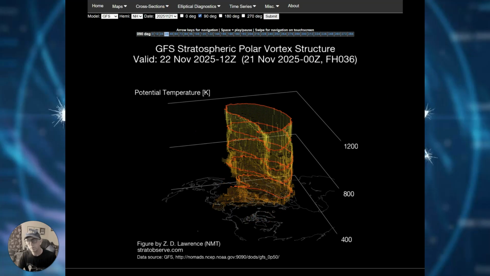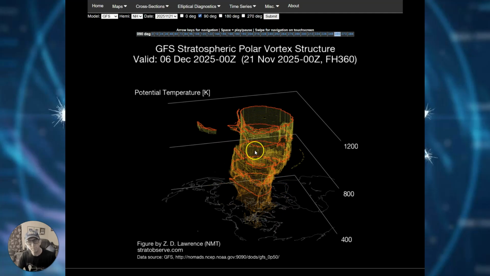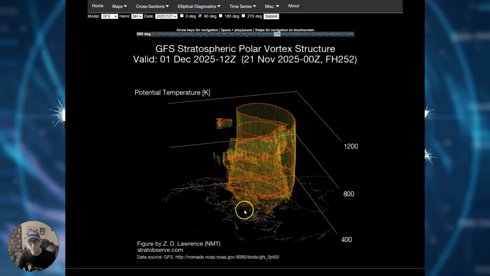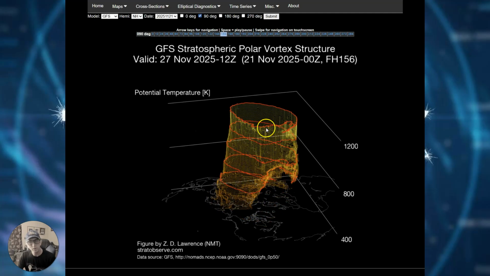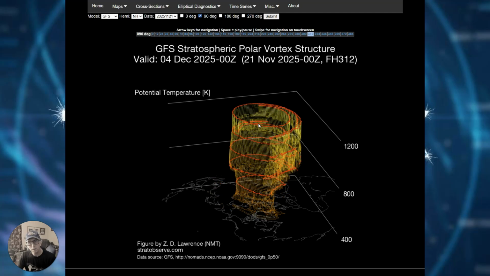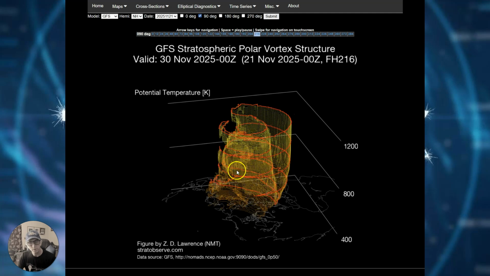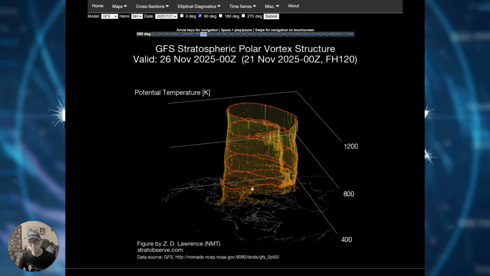All right, there we go. So this is an animation of the polar vortex from top to bottom, or bottom to top, as it were. So you're kind of asking, hey, what is this thing? Well, it's just an animation of a 3D structure of the polar vortex.